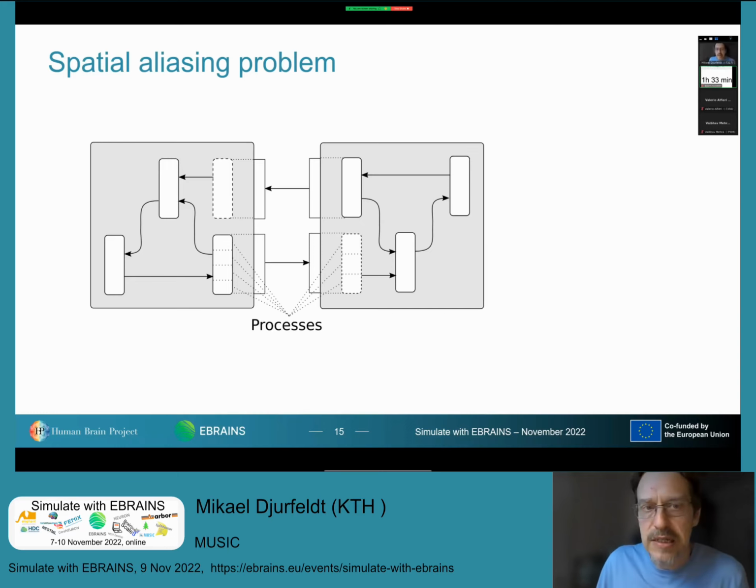It does this fairly efficiently, because once you have told music about how neurons are distributed, these processes talk directly between each other. So there is no need to collect all of the spikes of the simulation and then redistribute them; it's done directly, and in a scalable way. And for some types of data, it wouldn't be possible to collect it in one place because it would fill up memory.